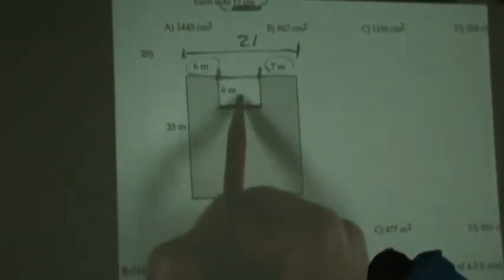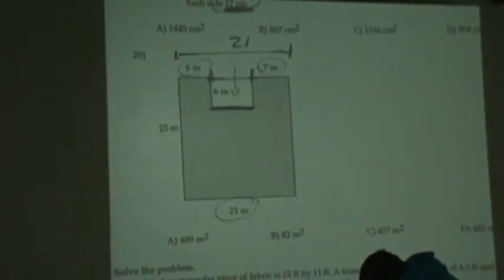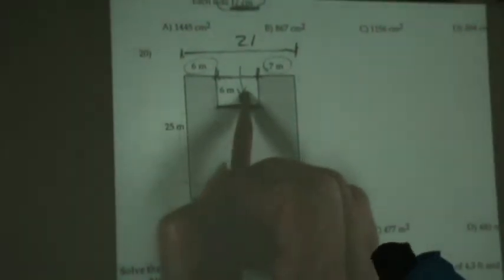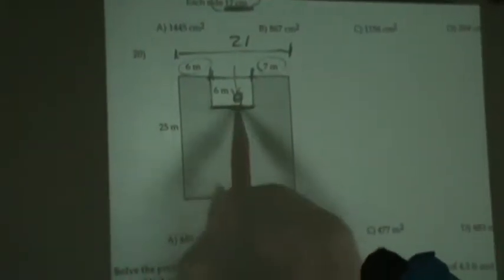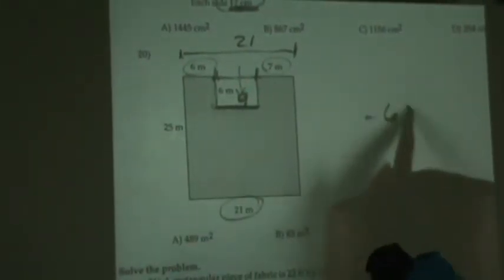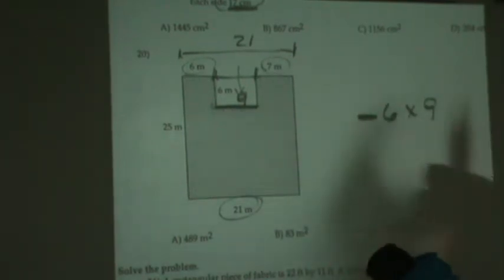From here to here is 21. So if we subtract 6 and 7 from 21, it'll leave us this remainder right here. 21 minus 6 and 7 leaves 9. So this is 9 meters. This little part you're going to subtract is 6 by 9. The big part is what?